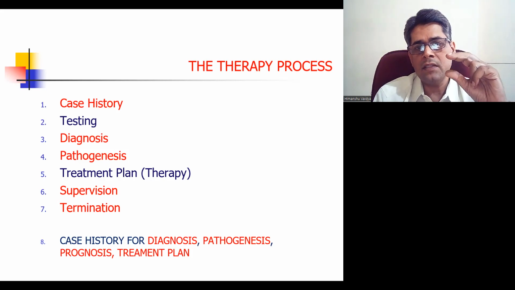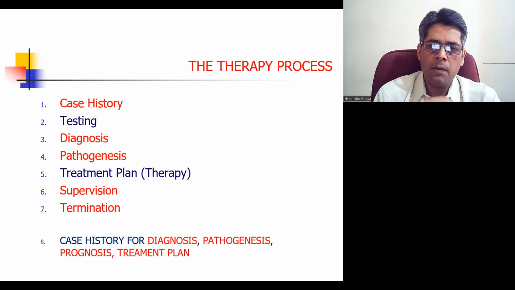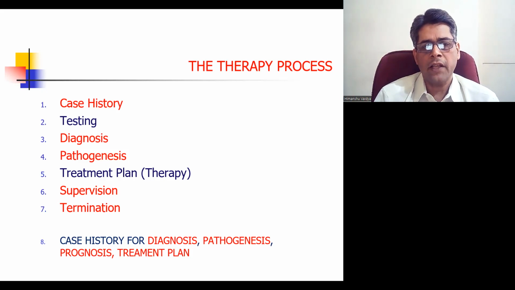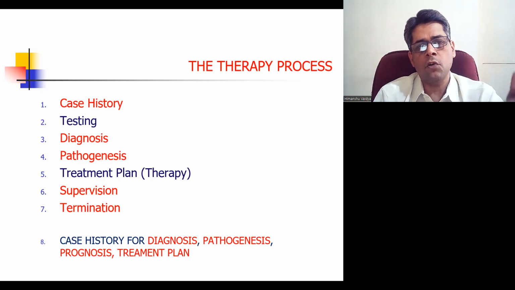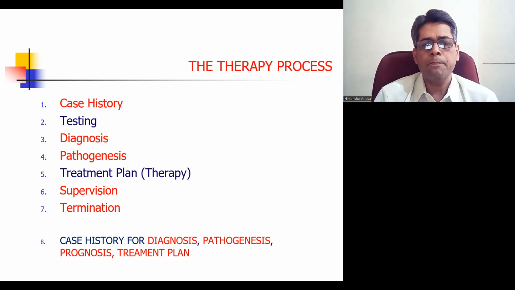If the pathogenesis is personality disorder, there is a particular way in which we'll have to customize our therapy. If the diagnosis is psychosis and the pathogenesis is very early life problem, we'll have to customize our therapy. So based upon step 3 and 4, what is the diagnosis, what is the pathogenesis, we will have to customize our way of doing therapy. We'll go into details of it in 5th session of this series.